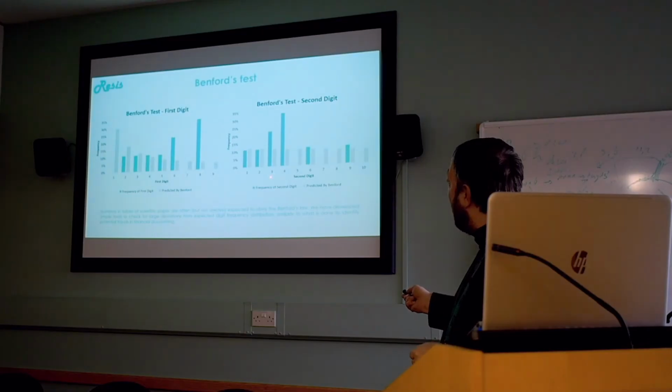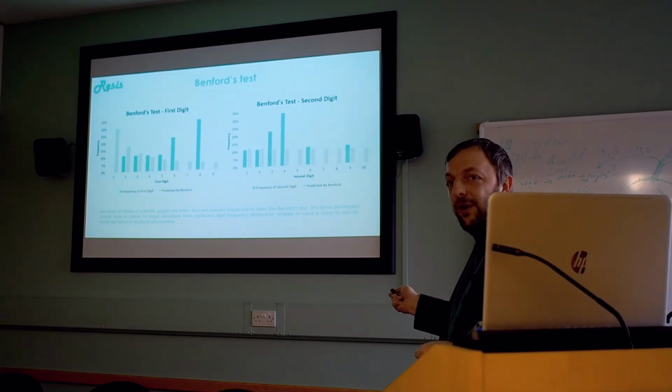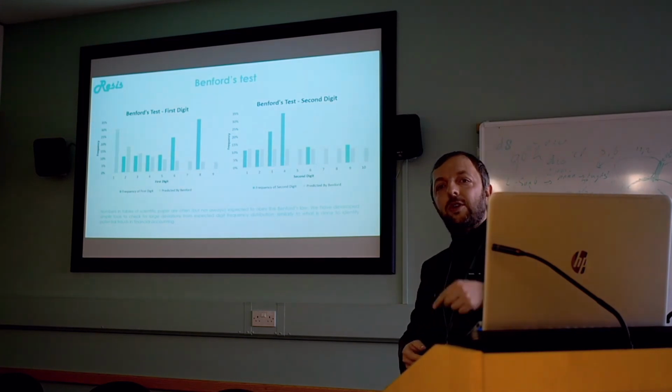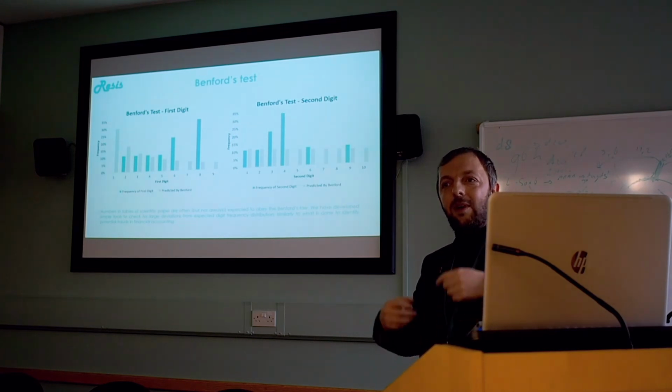You can also repeat the same reasoning for the second digit. The law is a little bit different. You see here in the same table you have a large excess in frequency for 3 and 4. And since you can download and process the tables of millions of papers automatically, you can run this check for every paper having a table containing at least 50 numbers.